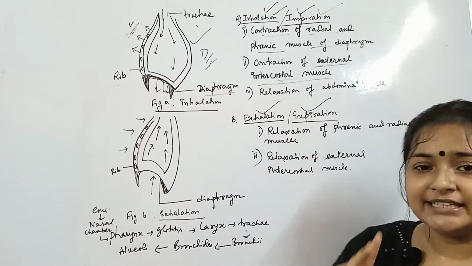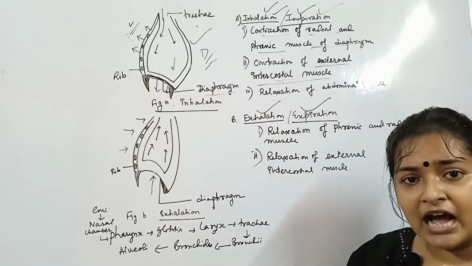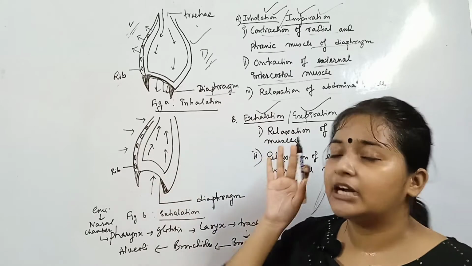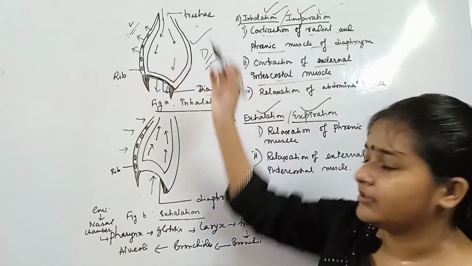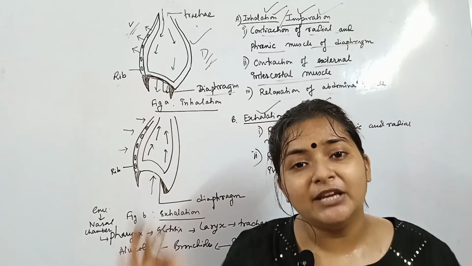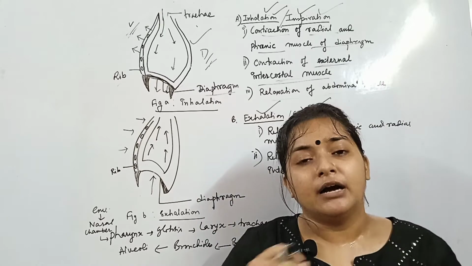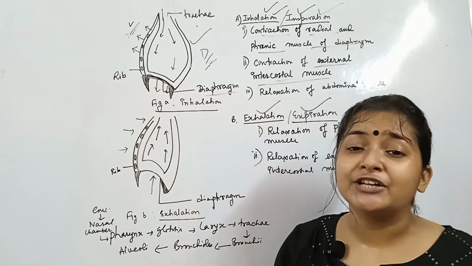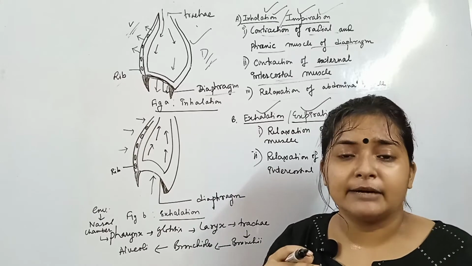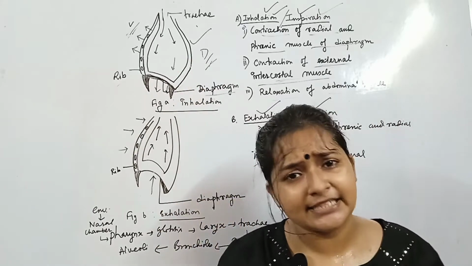Okay, so by these two phenomena, as the diaphragm goes downward and the ribs and the sternum go upward and outward, the thoracic cavity gets bigger space. Now what happens? If the volume of a certain space gets enlarged, then according to physics, something like Boyle's law, the pressure goes down.